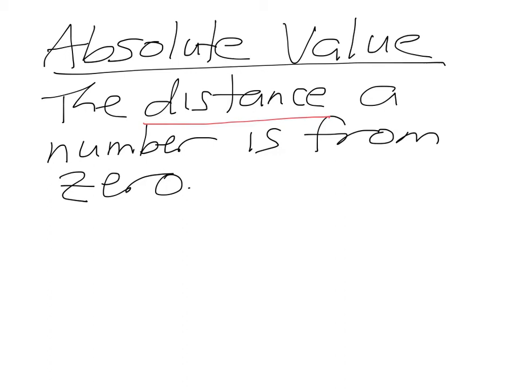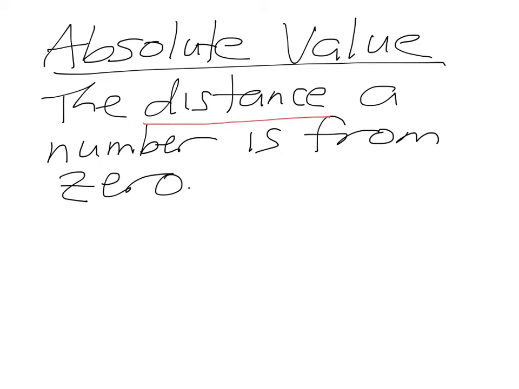Think about a football game. You never hear the announcer say, the quarterback was just sacked for -2 yards. They don't use the negative number. They always say, hey, it was sacked for 2 yards, because it's a distance, and distance is always positive.